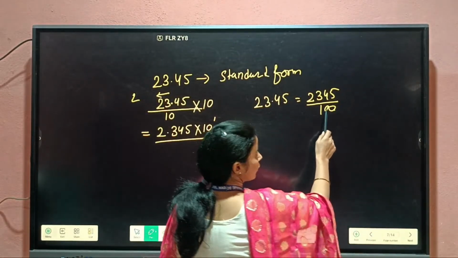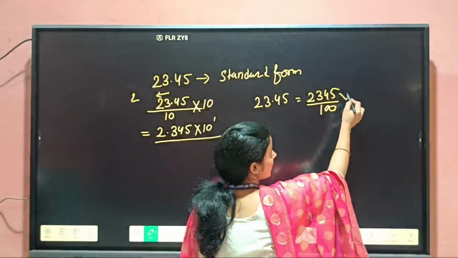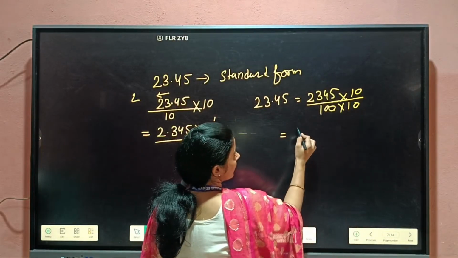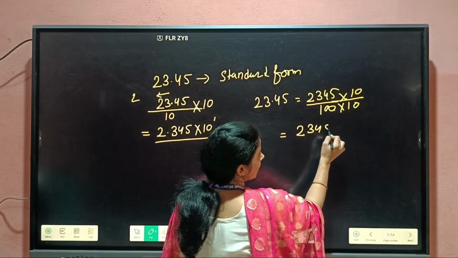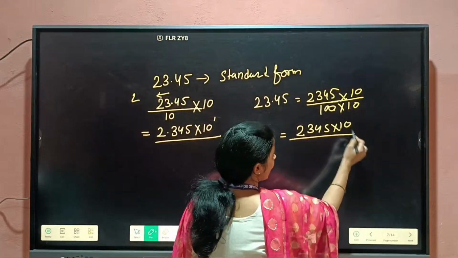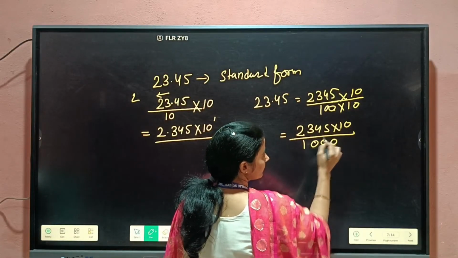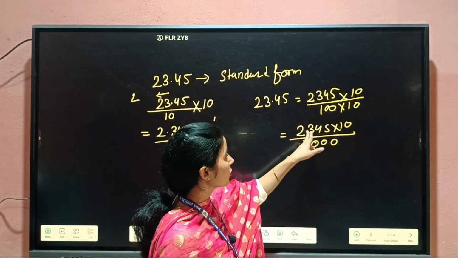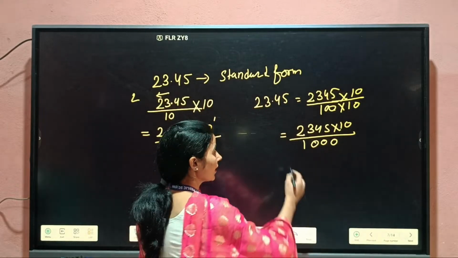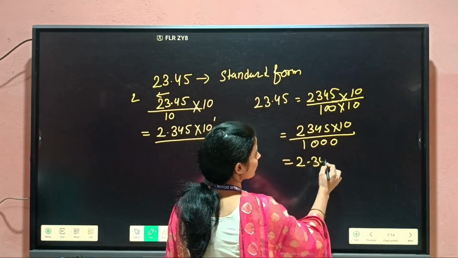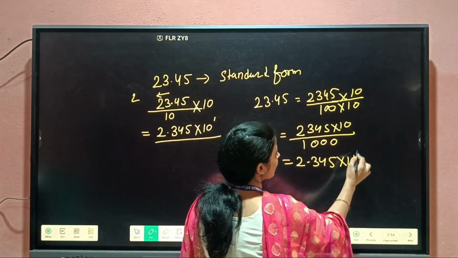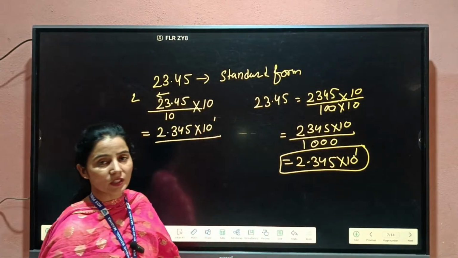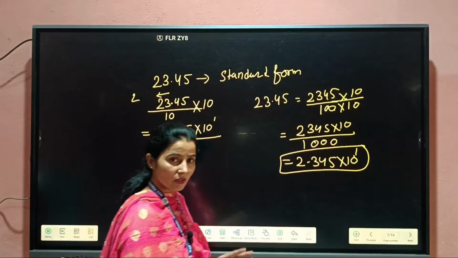There are 2 zeros, so I multiply and divide by 10. Then it will be 2345 into 10 by 1000. For these 3 zeros, leaving 3 digits, you insert the decimal. It will be 2.345 into 10 raised to power 1. This will be its standard form.